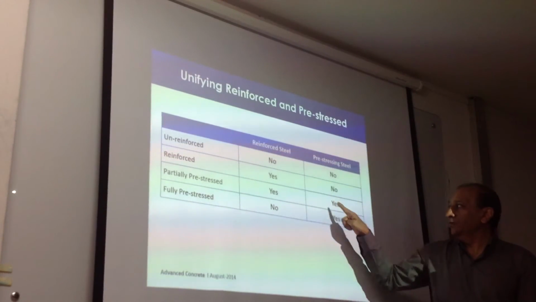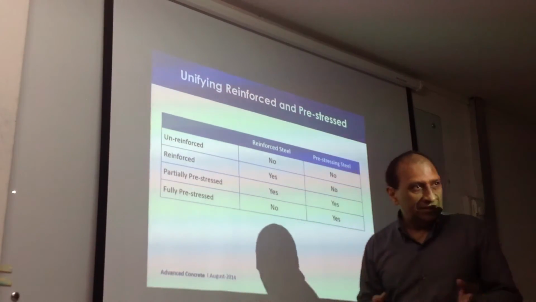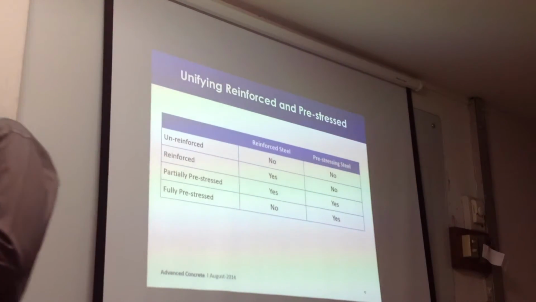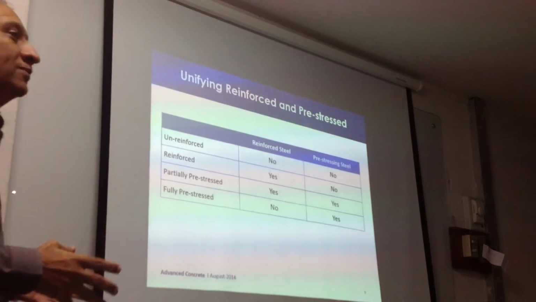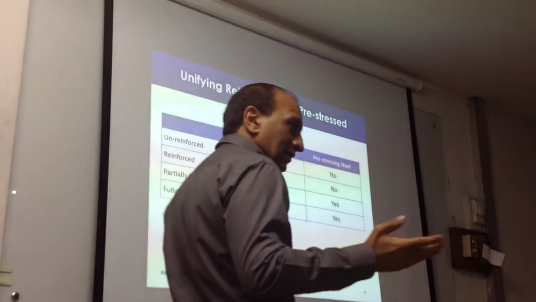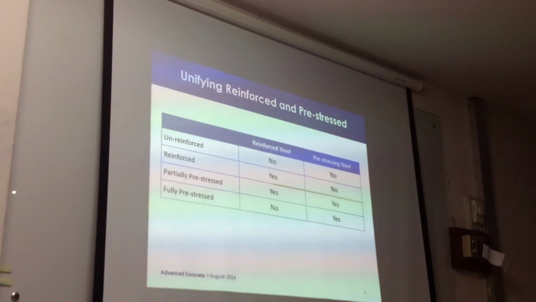If it is reinforced, we will put this to be 0, and so on. So we don't have to draw a line. It is the same thing that we can do. So that means we are saying that let's talk about a column which is partially pre-stressed. Then we cover everything. Correct? So this is what we consider.